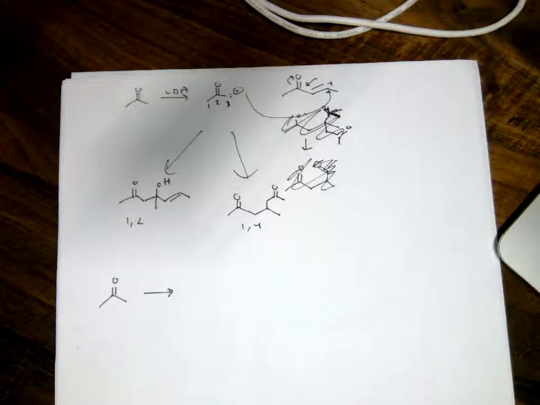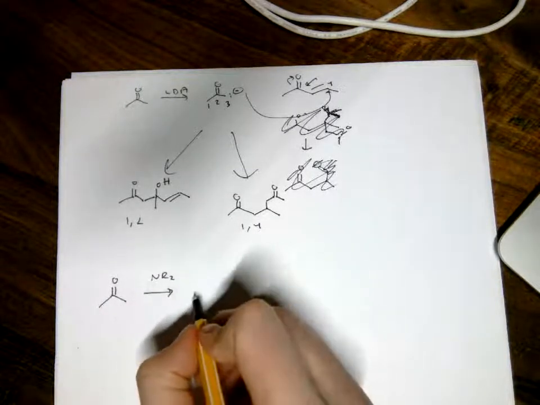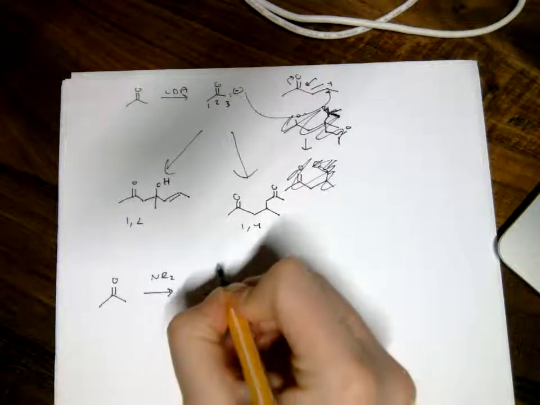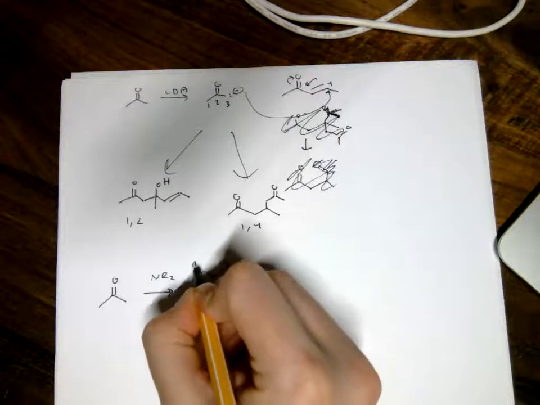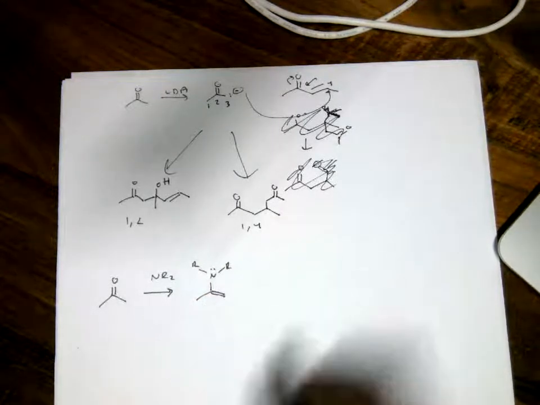So if before you turn this into an enolate, if instead you react it with NR2, you'll get NR, and this is an enamine reaction that we covered in another chapter, so I would not stress out about that right now.